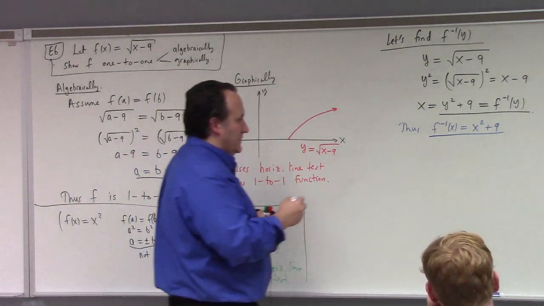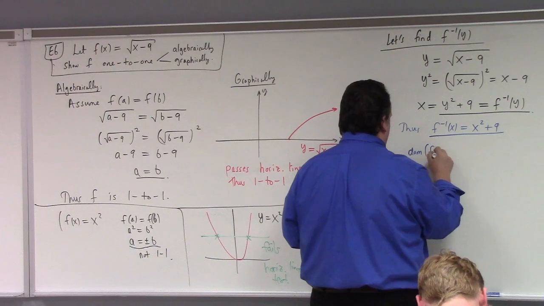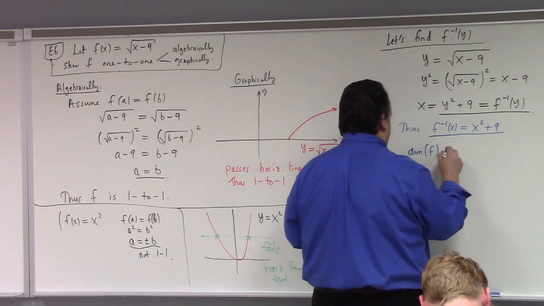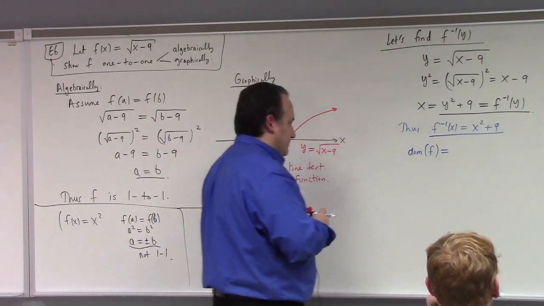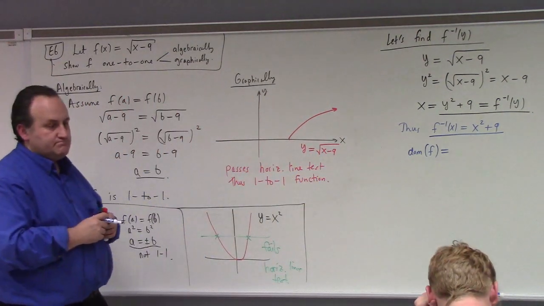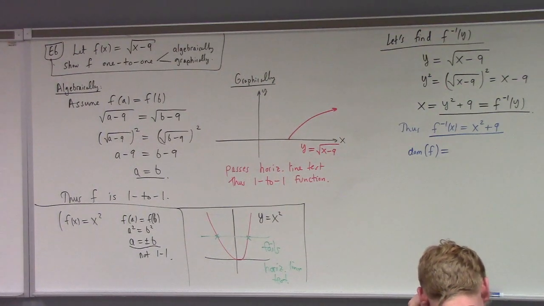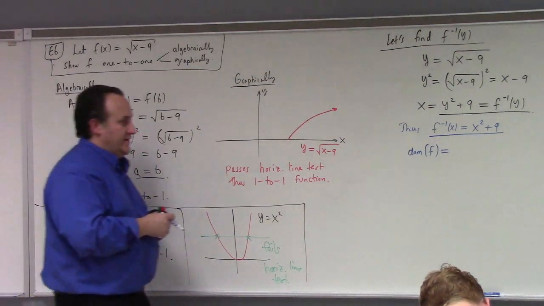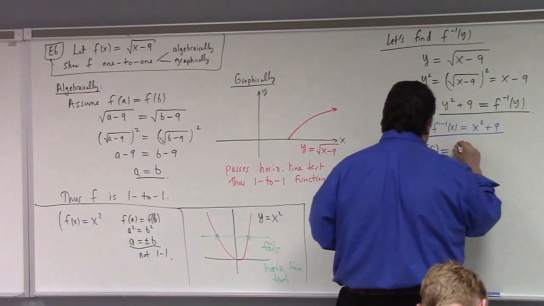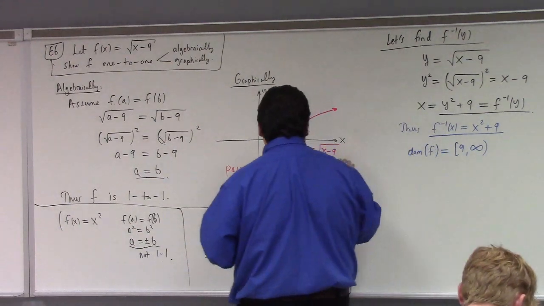What is the domain of f? I heard 9 to infinity. That's right. 9 inclusive to infinity, because that's where the square root is non-imaginary, right?